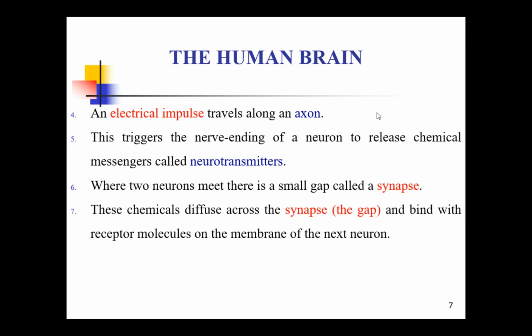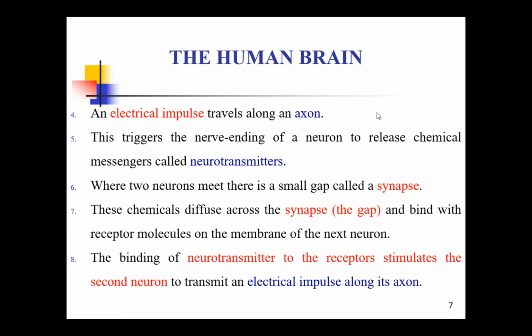Depending upon the amount of electrical impulse, the neurotransmitters will be developed, and those chemicals will diffuse into the synapse and bind to the receptor molecules of the next neuron.